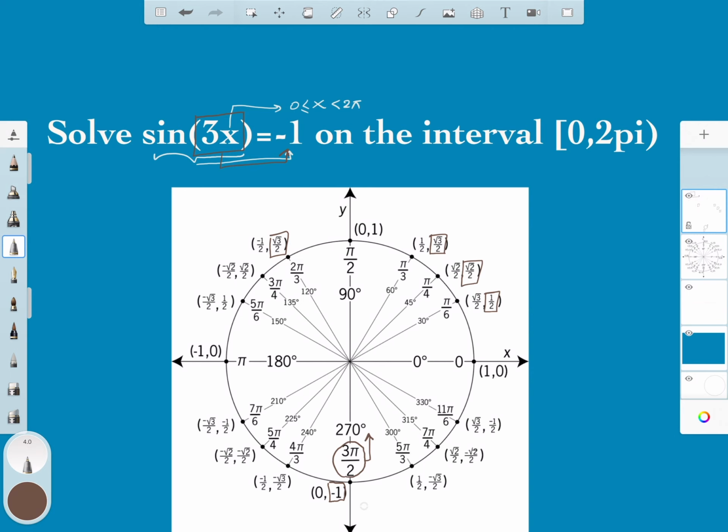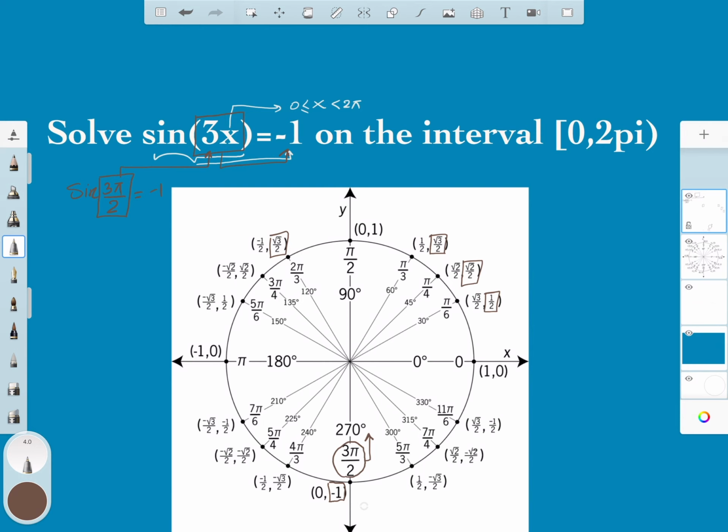That means sine of 3 pi half equal to -1. So 3 pi half must be equal to 3x. So this is an idea how to solve it.